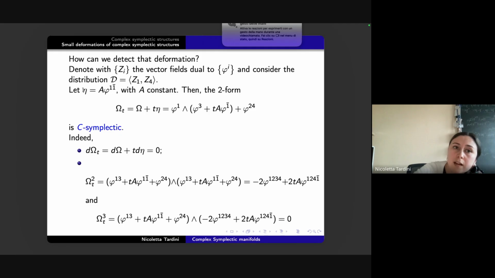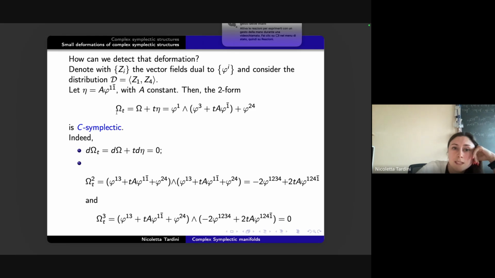And we define eta essentially as a (1,1) form defined starting from these vectors, okay? And it is closed. So this eta is closed, okay? Phi 1 was closed.